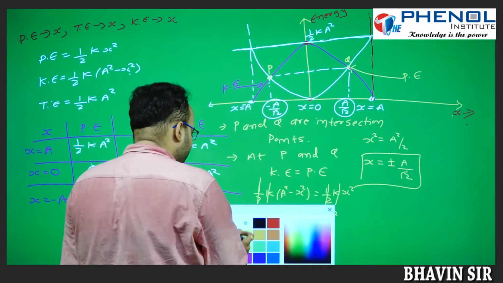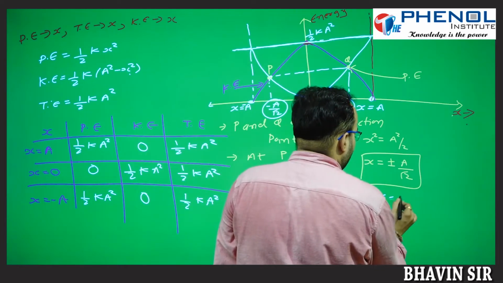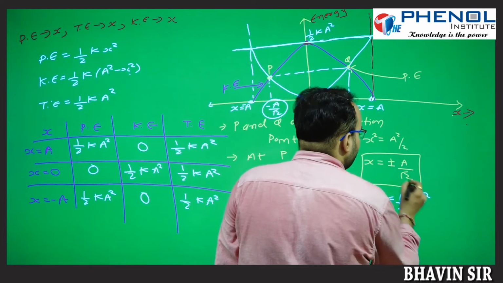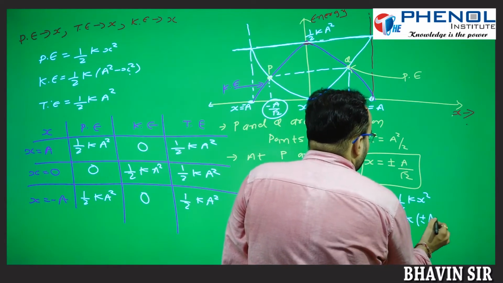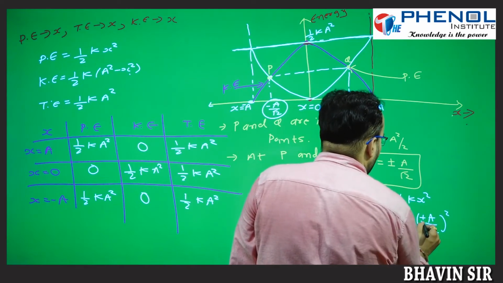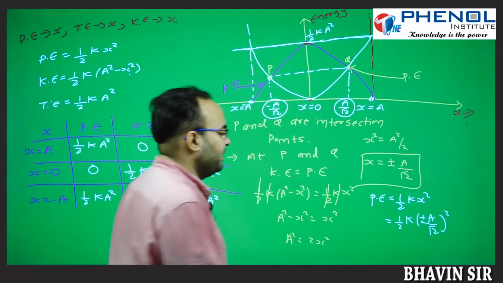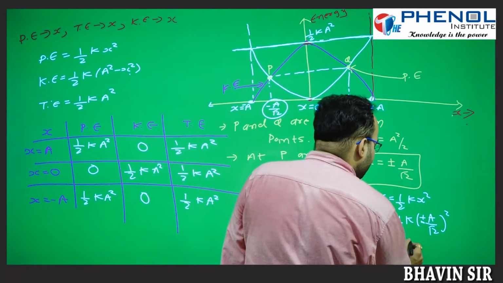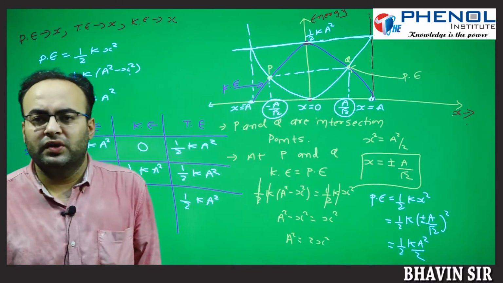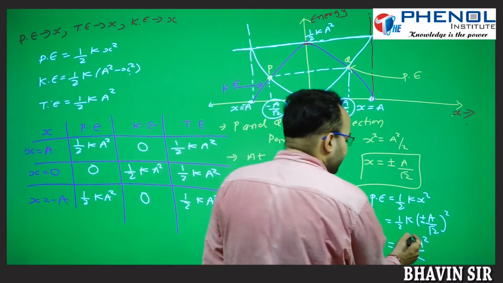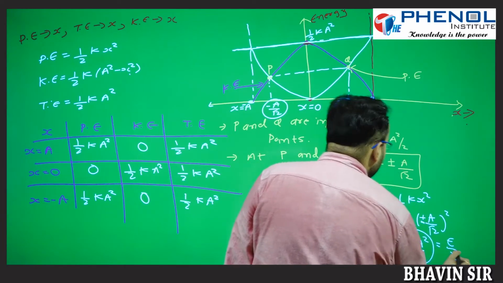But how to prove it? The potential energy is half k x square, but x is plus or minus a by root 2. So squared, it is half k a square by 2, and half k a square is E, so E by 2.